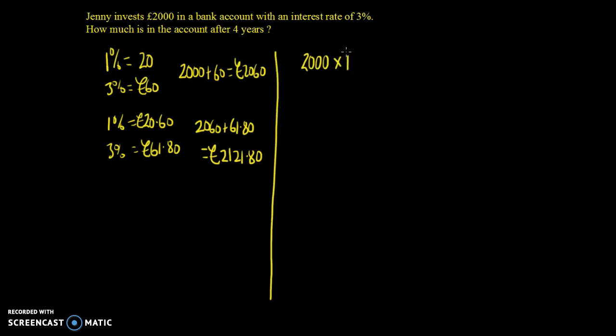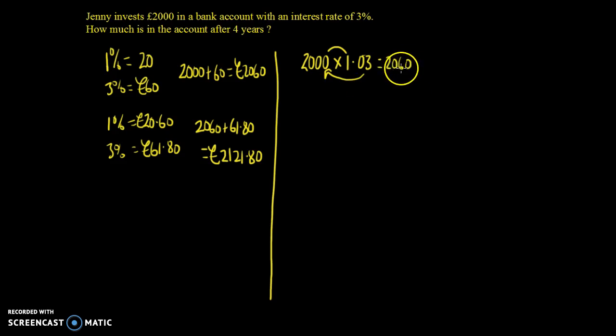The 1 for the original amount, so £2,000, that always stays in the bank account, and your 3% as a decimal is 0.03. So you've got your original amount of 2,000, then you've got this additional 3%.